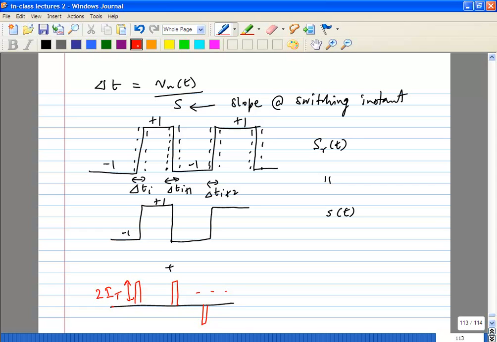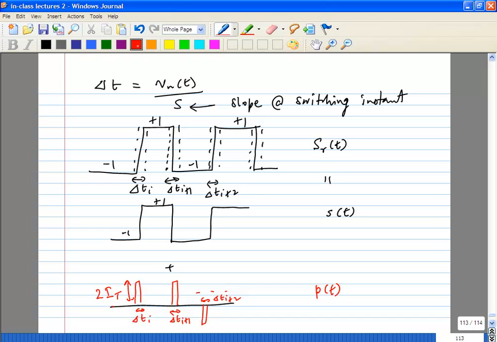That is the change in current, right? And of course the width of the pulse is going to be delta Ti, right? So we'll call this the pulse train P of t.